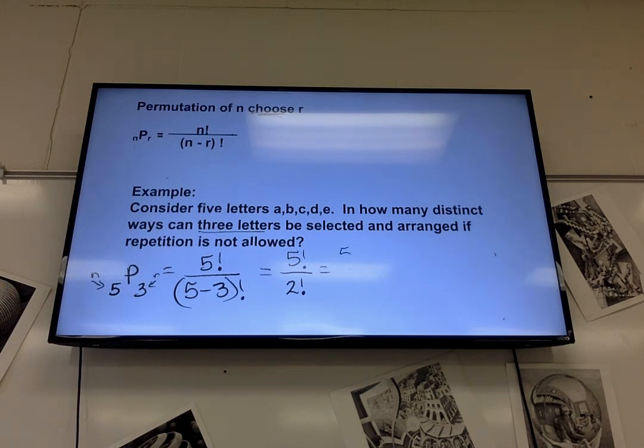So 5 factorial we know is 5 times 4 times 3 times 2 times 1. And 2 factorial is just 2 times 1. So we can cancel out the 2 and the 1 on top and bottom, because when you divide something by the same thing, they cancel. So we really just have 5 times 4 times 3, which is 60.